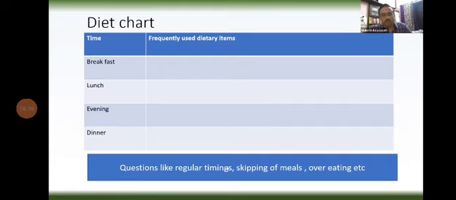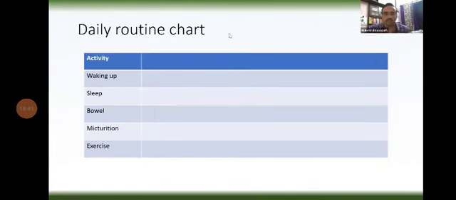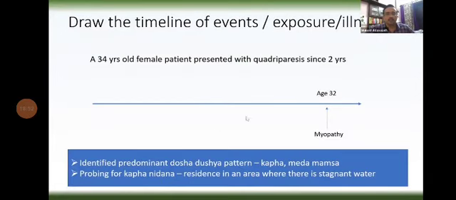And you also have to ask about regular timing, skipping of meals, overeating, all those factors have to be written. Then you should also give a daily routine chart: when the patient wakes up, how was the sleep, bowel, micturition, exercise, etc. Then I usually ask my students to draw a long timeline and mark all the things that have happened to the patient.